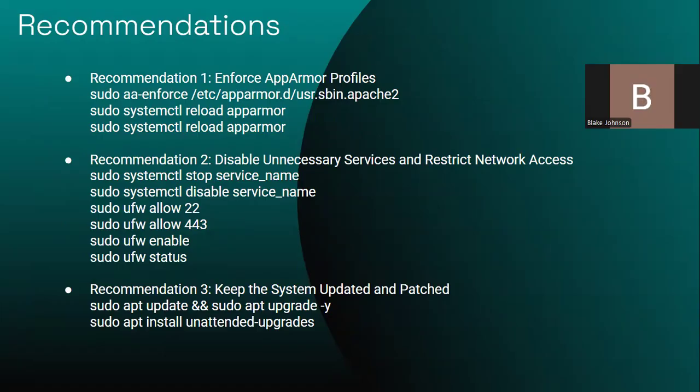Keeping the system updated is extremely important because updates often patch known security vulnerabilities. Administrators can regularly check the AppArmor status using the command aa-status. It's a command to verify the profiles are loaded and actively protecting the system.